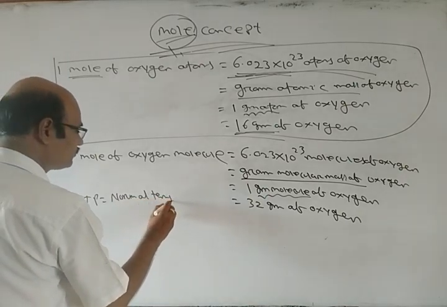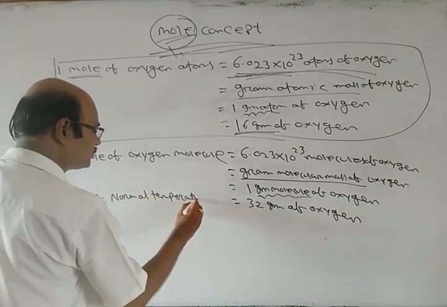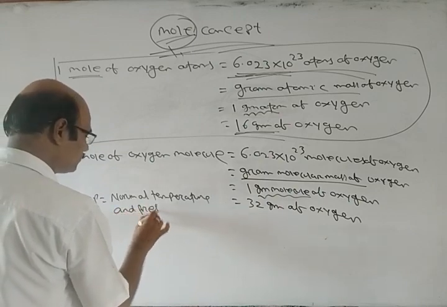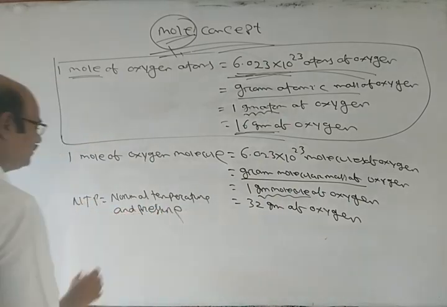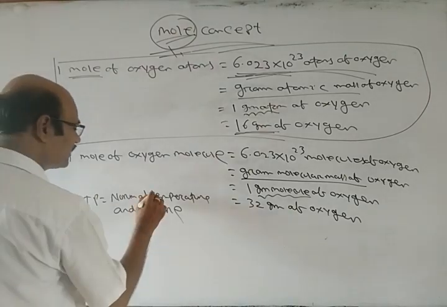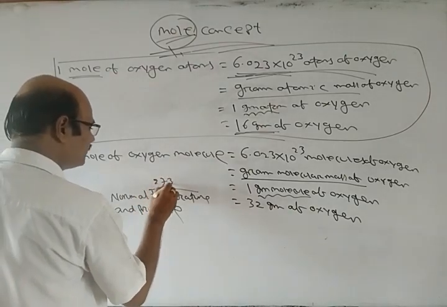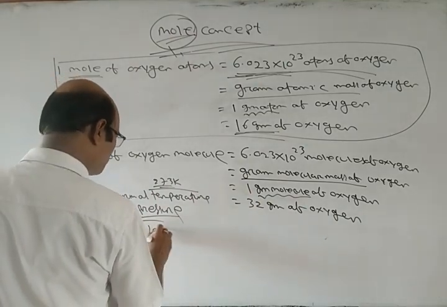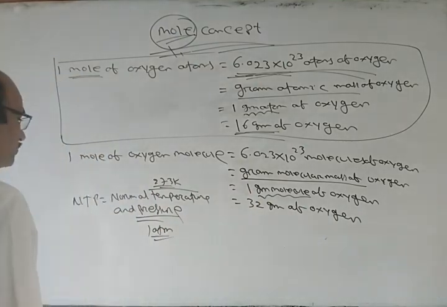Normal temperature and pressure. So here we are taking normal temperature as 273 Kelvin, and pressure as 1 atmospheric pressure.